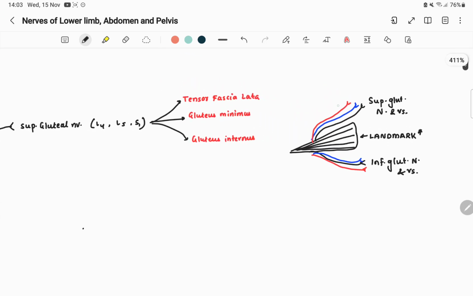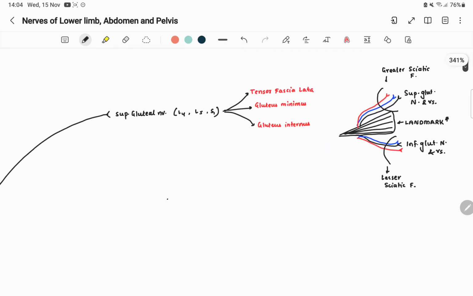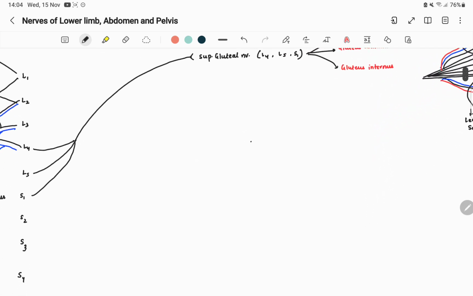The superior gluteal nerve and vessels are the content of your greater sciatic foramen, and this is the content of your lesser sciatic foramen, understood.